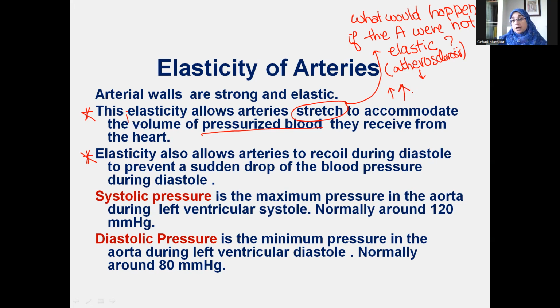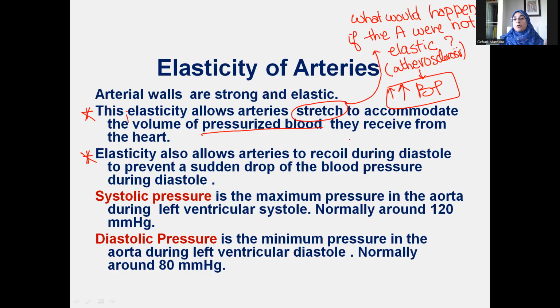So there would be a marked elevation of the blood pressure, and that's why there is almost always a correlation between elevation of the blood pressure and atherosclerosis.